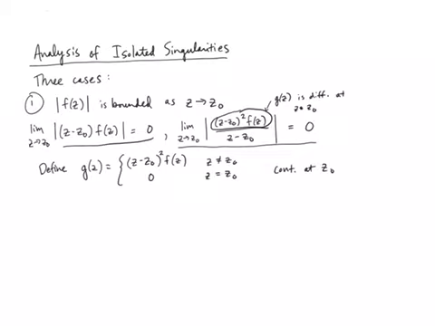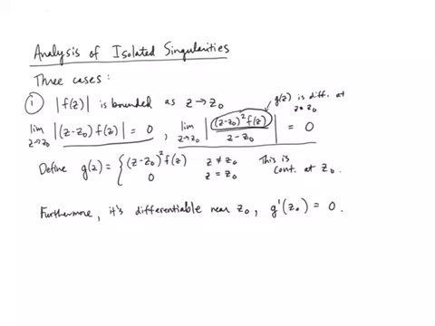So it's continuous at z naught, and furthermore it's differentiable near z naught, with derivative equal to 0. So g prime of z naught equals 0.